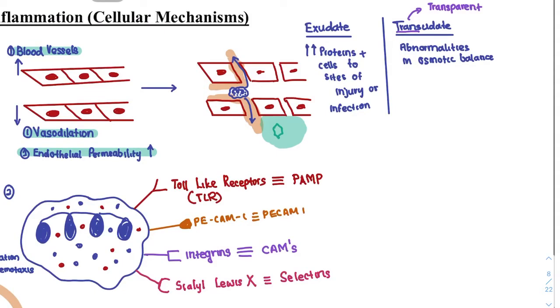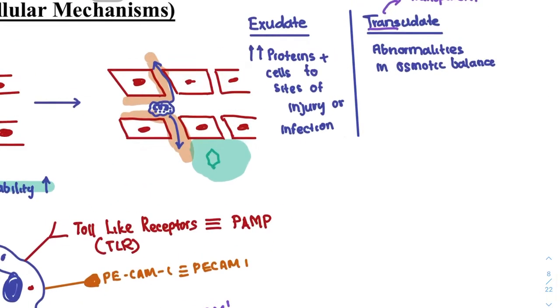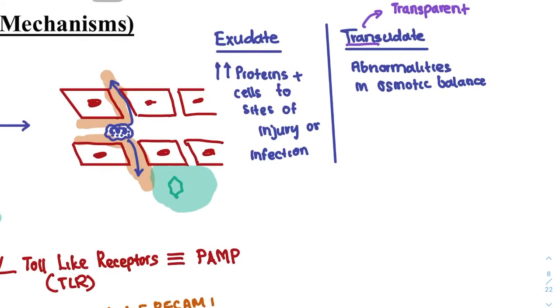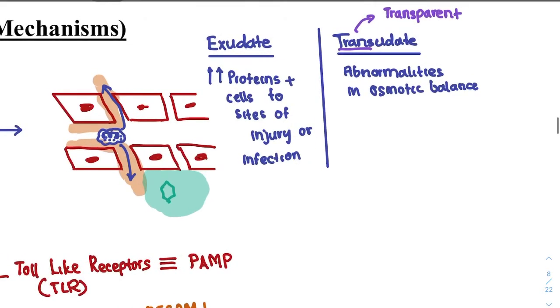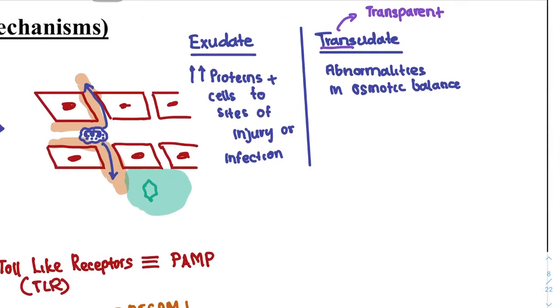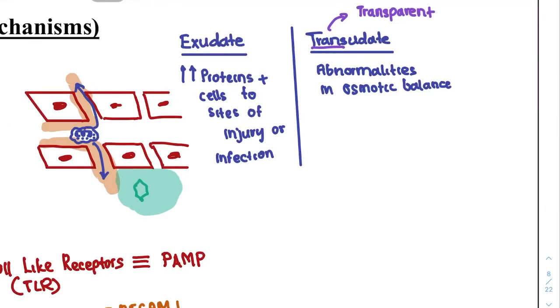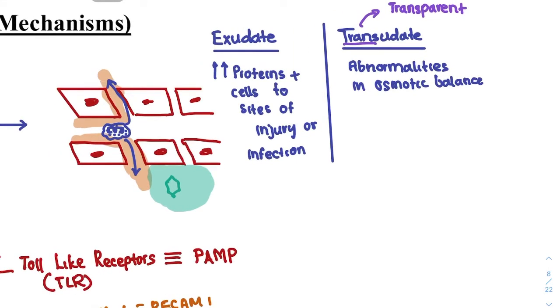So over here, I'm going to explain the difference between transudate and exudate. I need you to understand that trans, the front part of that word, means transparent. Exudate is protein-rich fluid, it has color. Transudate is transparent, and this is usually due to abnormalities in osmotic balance.